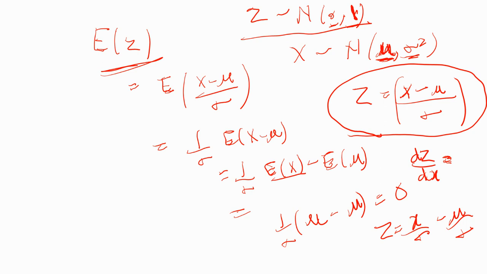So what will be dz? You know the differentiation, right? Basic differentiation. So you can answer this. Okay. So it will be, this is just constant. So variable times constant, x times constant, will be just 1 by sigma. So it will be 1 by sigma.